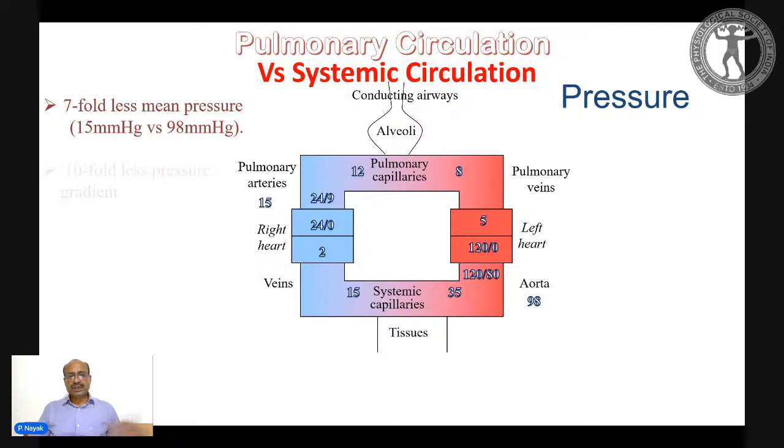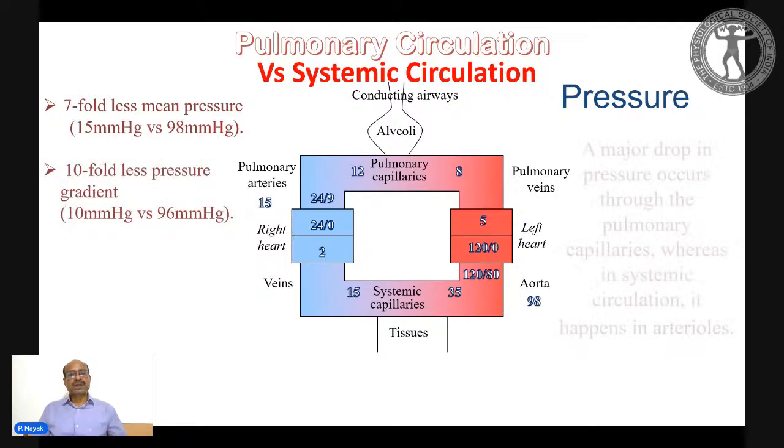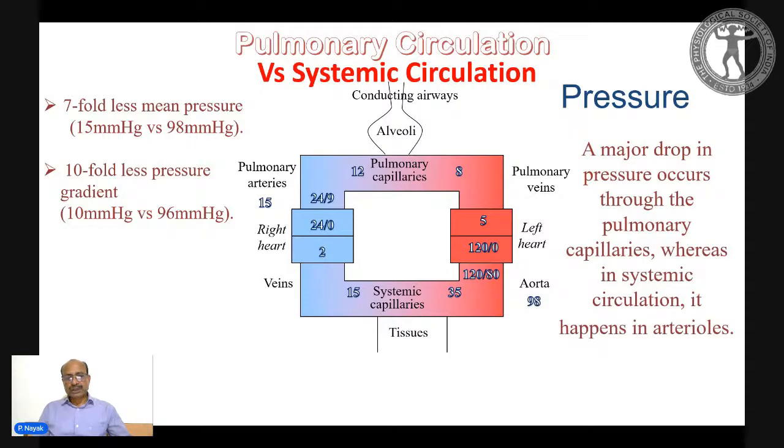If we consider the pressure, already I have mentioned that there is roughly 15 millimeter of mercury pressure in the pulmonary system and around 95 millimeter mercury pressure in the systemic circulation. There is around sevenfold less mean pressure in the pulmonary circulation.